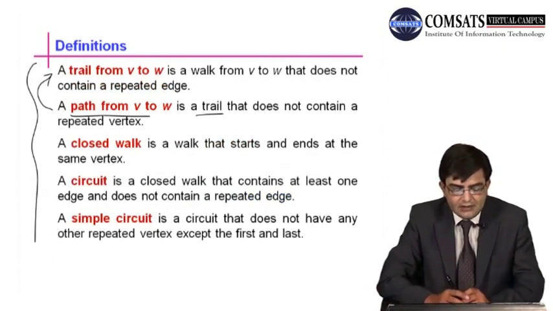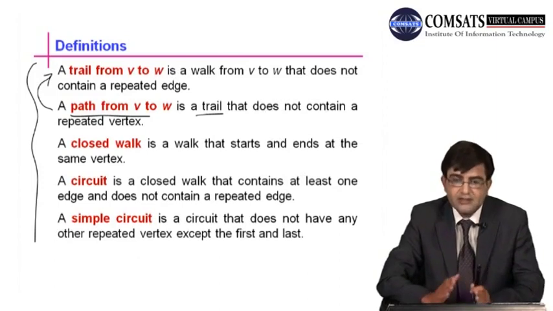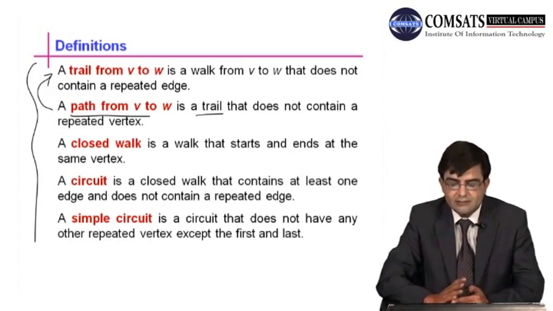The next definition is a circuit. What is a circuit? A circuit is a closed walk. A circuit must be a closed walk, so it should start and end at the same vertex. So it is a closed walk that contains at least one edge and doesn't contain a repeated edge.